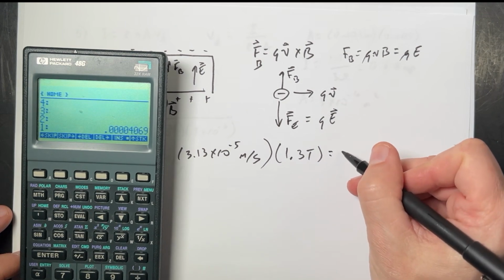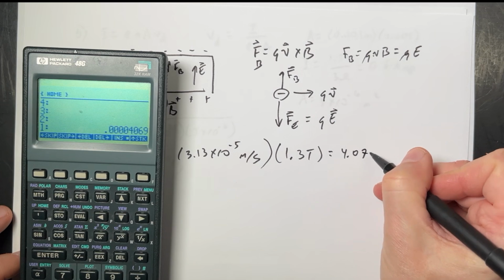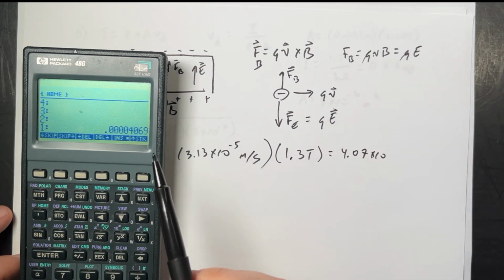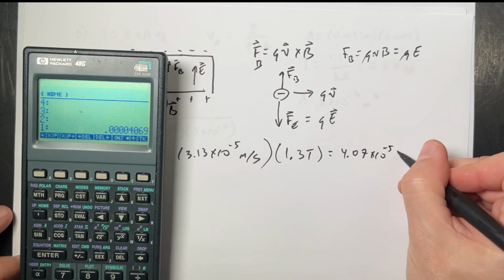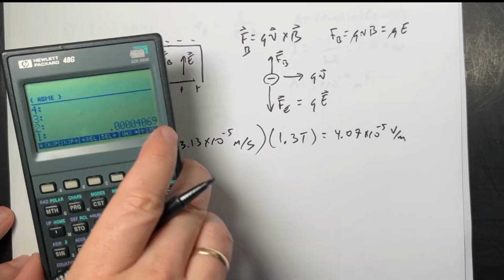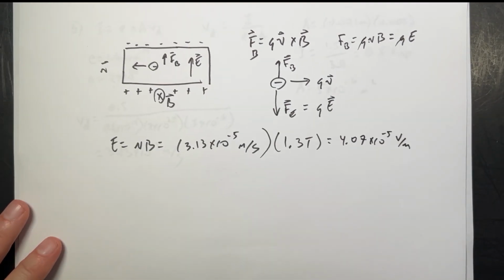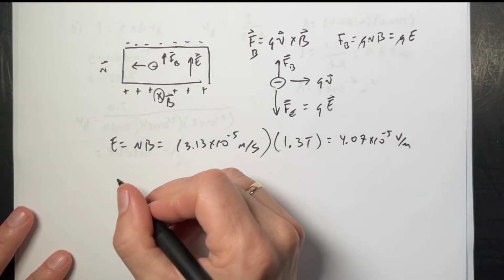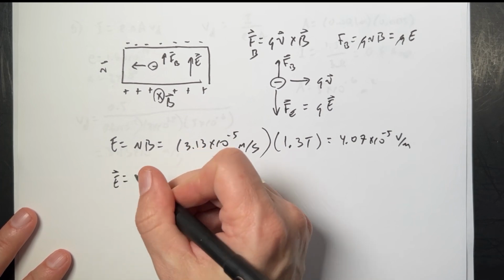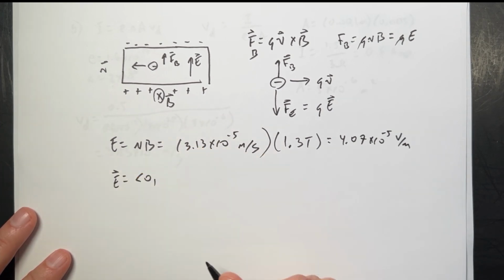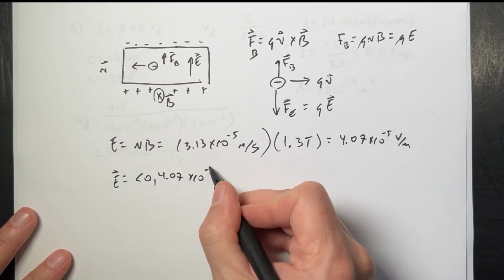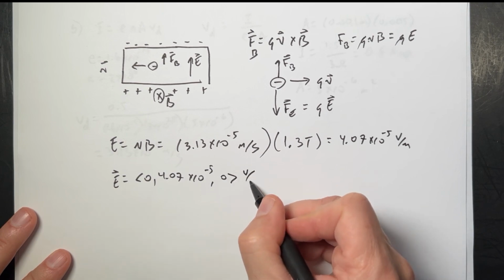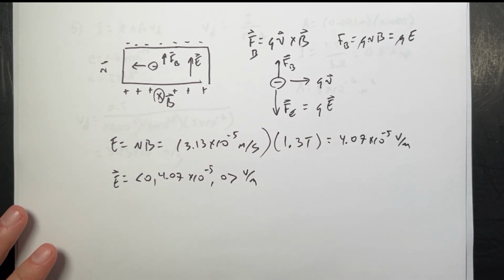I get 4.07 times 10 to the negative 5 volts per meter. And the question said, what's the vector value? So I need to write this as E equals 0, 4.07 times 10 to the negative fifth, 0 volts per meter. Done.